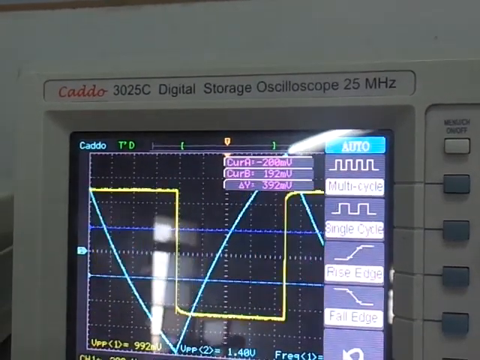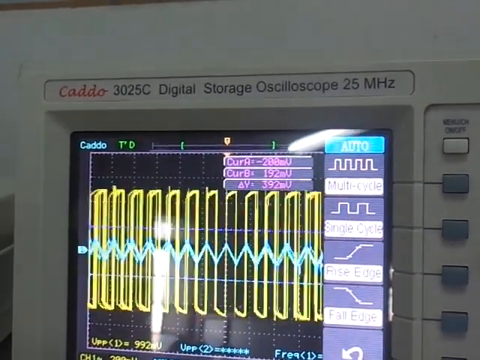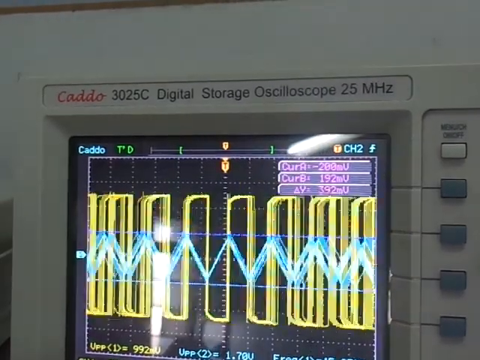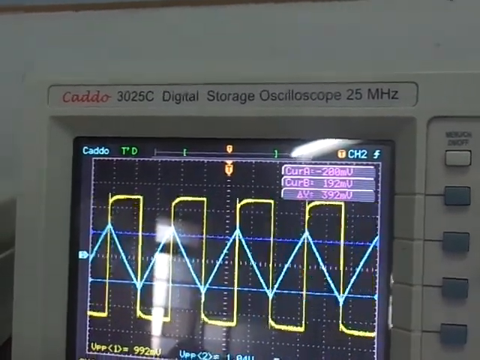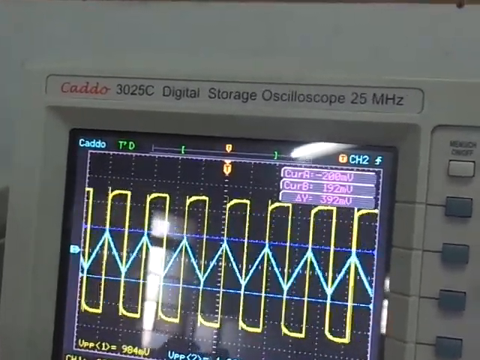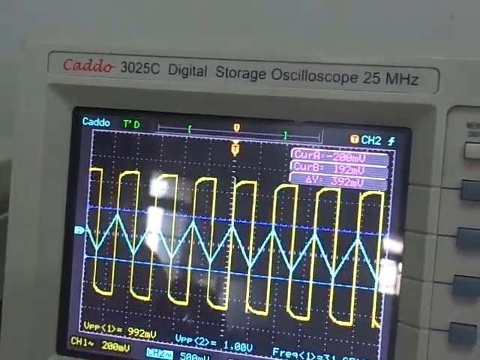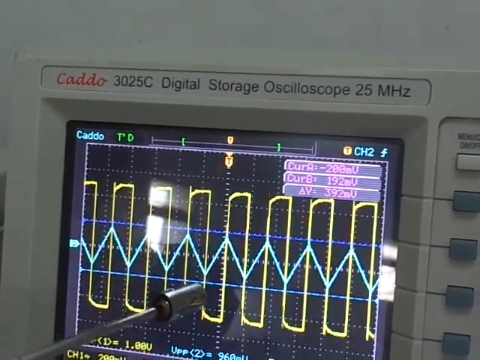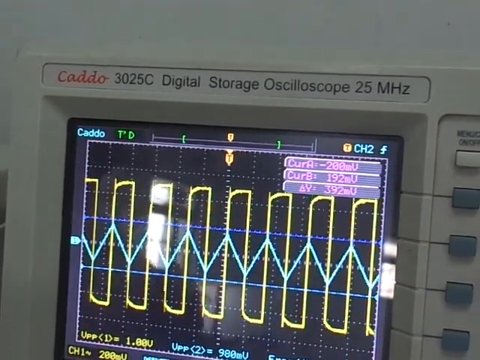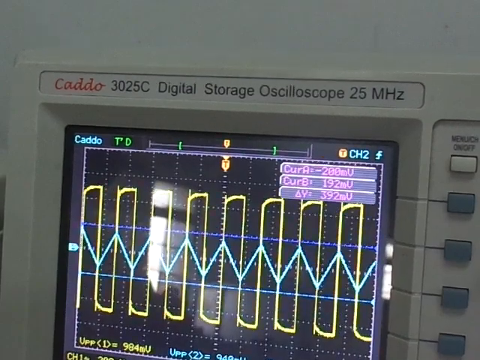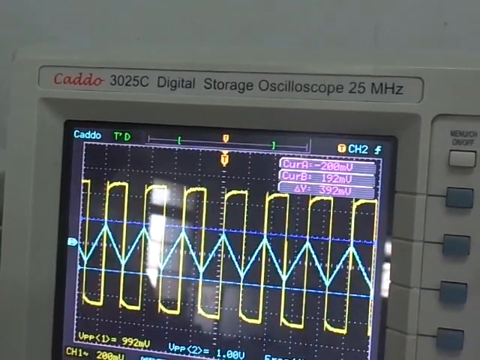Just concentrate on this waveform, we will take the measurement. See, at around 20 kHz we are getting the output voltage equal to 1 volt, means the amplitude of blue waveform, that is triangular in color, is 1 volt peak to peak.